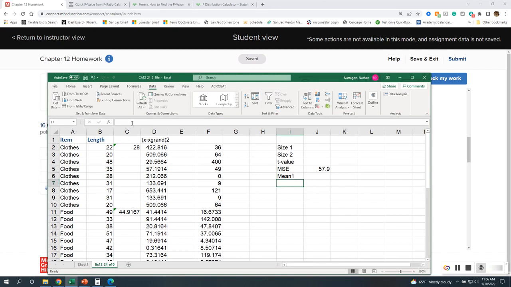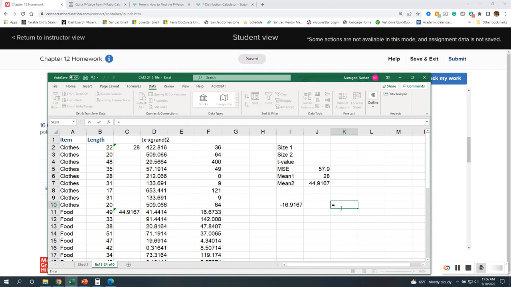Mean 1, mean 2. So 28, 44.9167. So formula in itself, first we have to take our means and subtract the 2. So we come out with this number. We're going to use that number later.